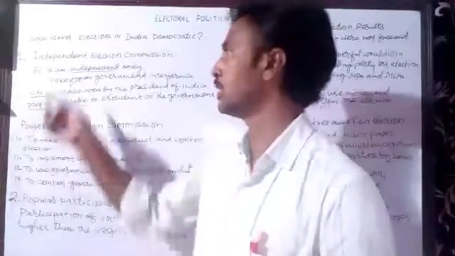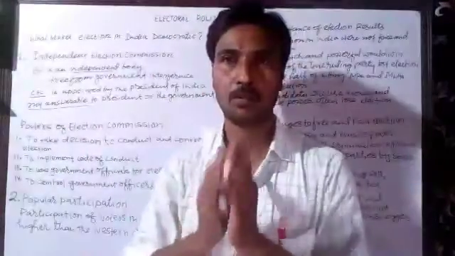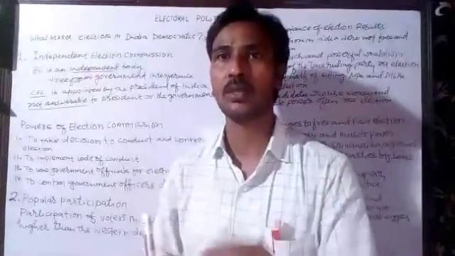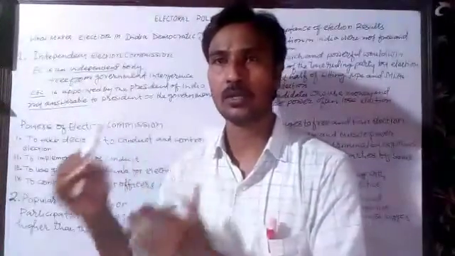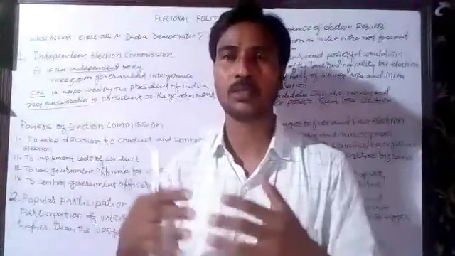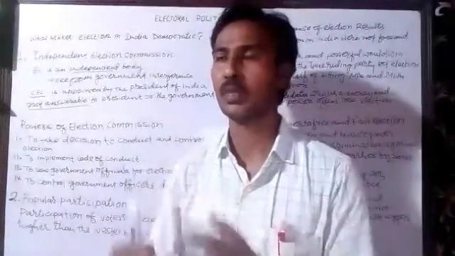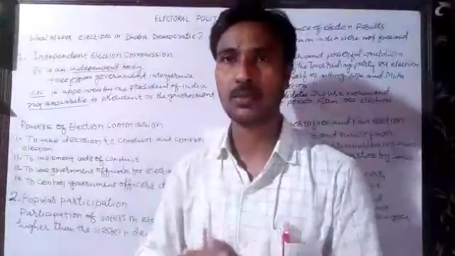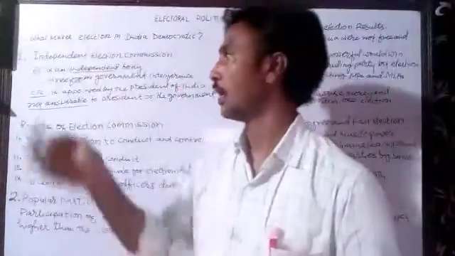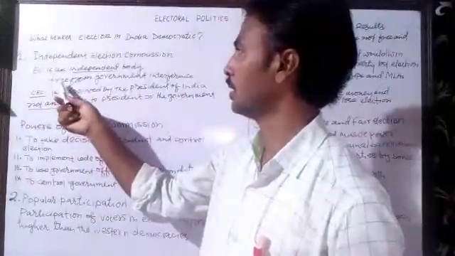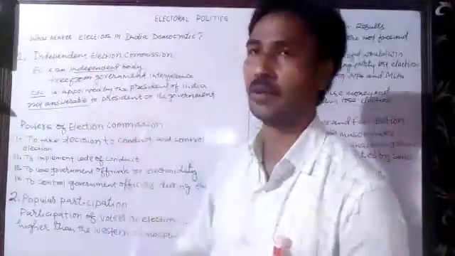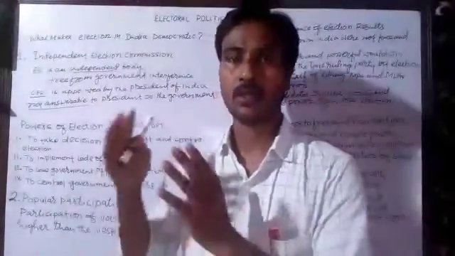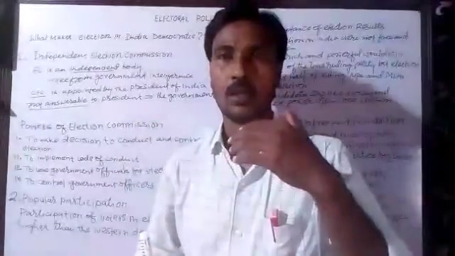So also EC is an independent body, not under the control of the government. The decisions and working of the Election Commission are totally free from the interference of the government. That's why we call EC an independent body.